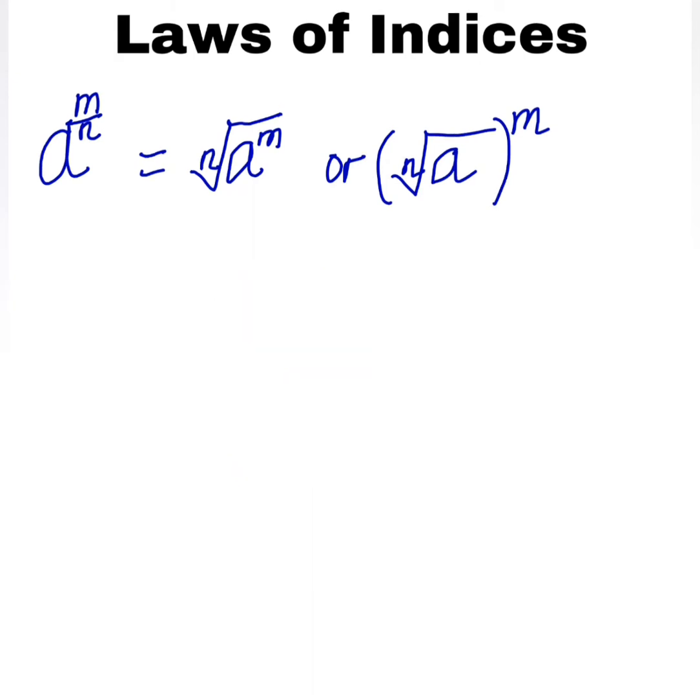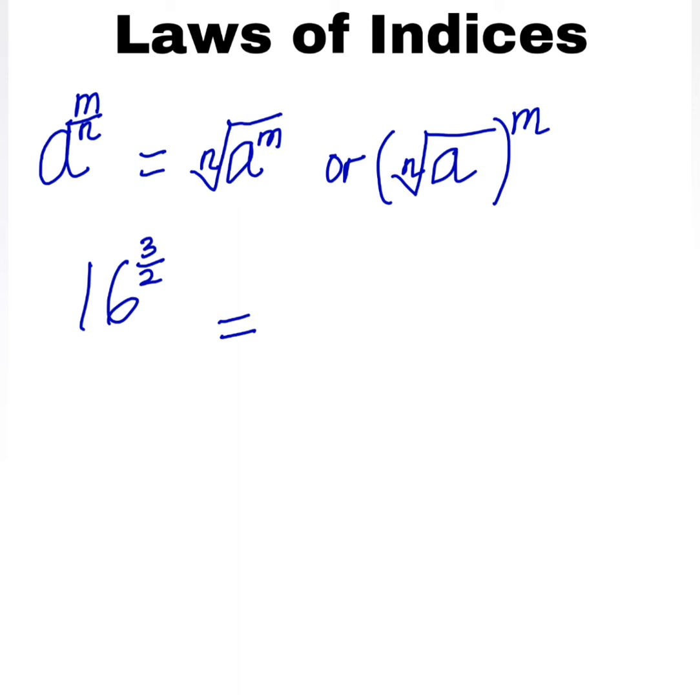If you are asked to simplify 16 raised to the power 3 divided by 2. In this example, your n is 2, your a is 16, your m is 3.